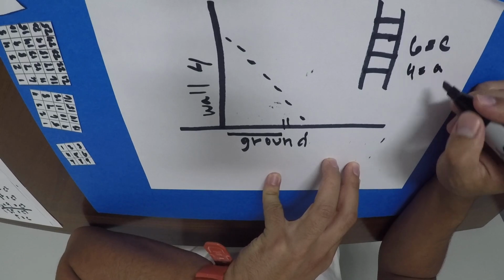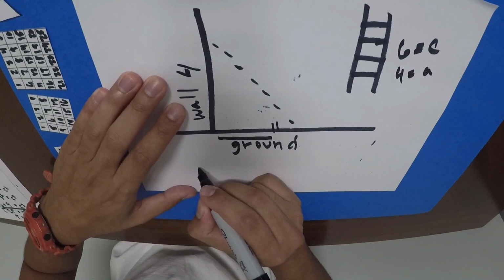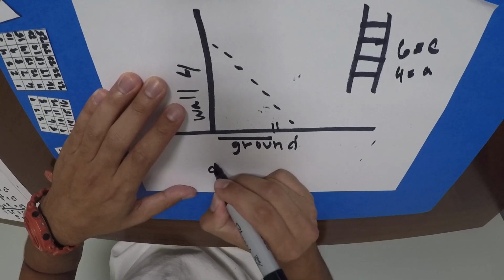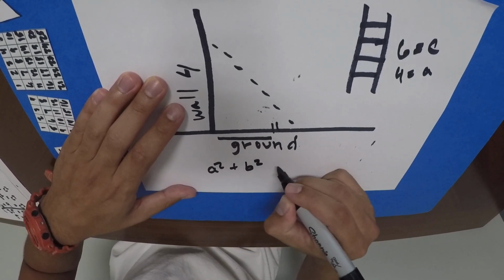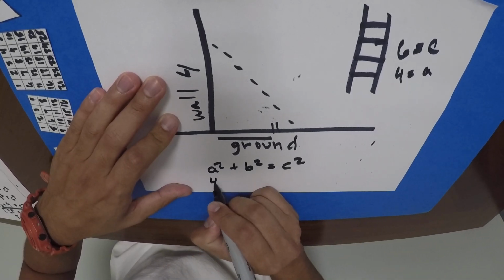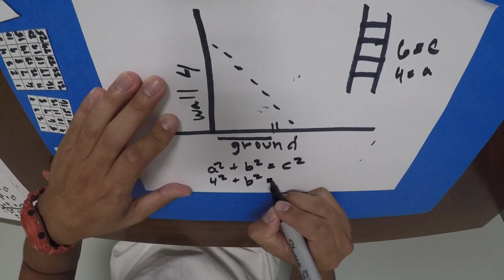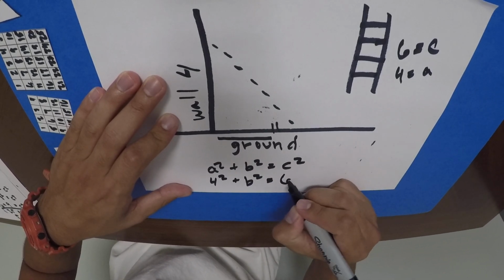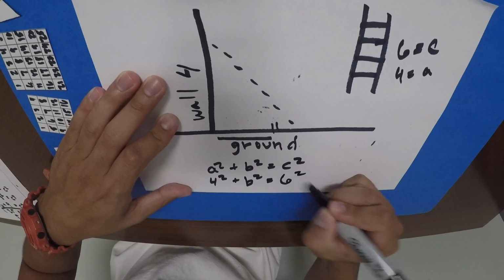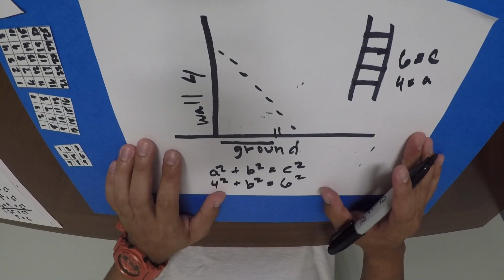Given C and A, we're going to plug that into our equation. So it's going to be A squared plus B squared equals C squared, right? A is going to be 4. We do not know B. And C is going to be 6.